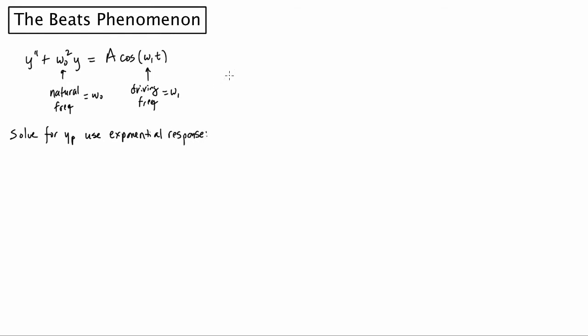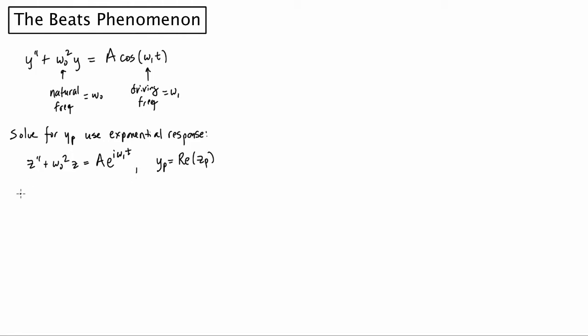So what I would like to do is look at the complex equation by making the right-hand side a complex exponential with the same frequency. In so doing, I've set y sub p, the answer to the original problem, equal to the real part of this z sub p that I'm trying to find from the complexified equation.